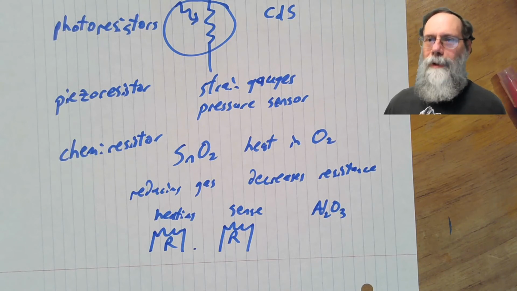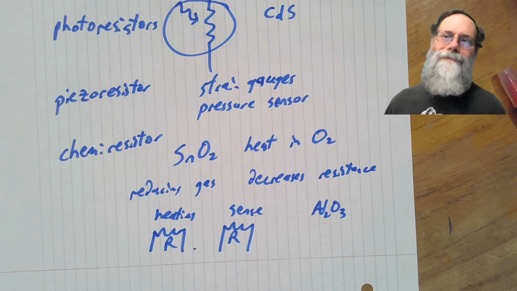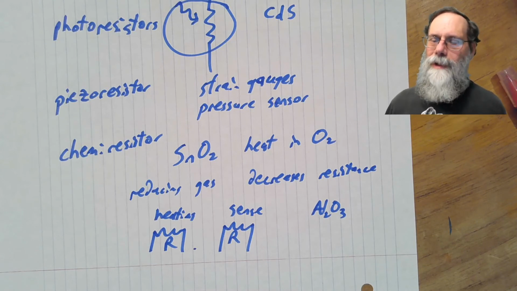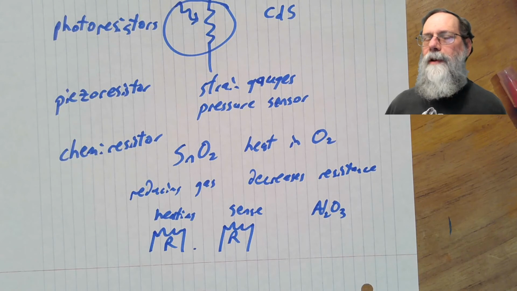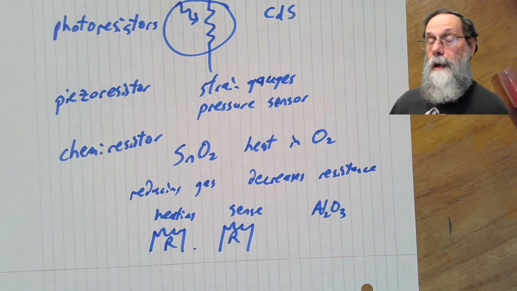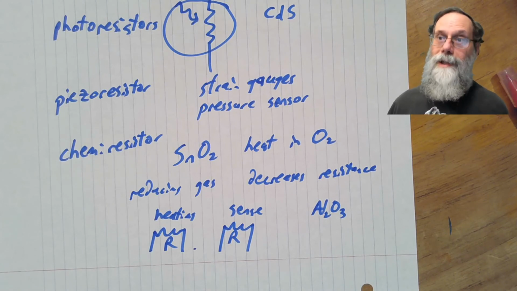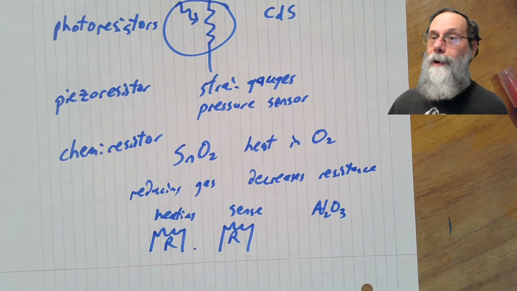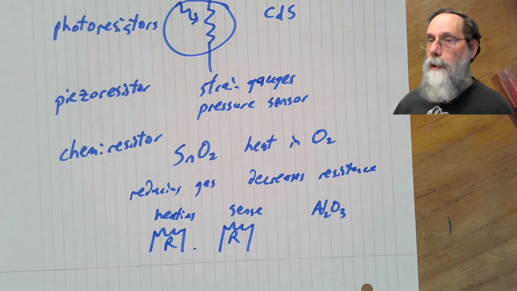So if you've got benzene in the room, that's going to affect the measurement. They're basically not very precise measuring units, but they can be very useful for things like emergency alarms, where you want to say, hey, I've got a possibility of leaks in this room. I want to know, is there any volatile organics in the air? You can make chemiresistors that are pretty good for that sort of thing.